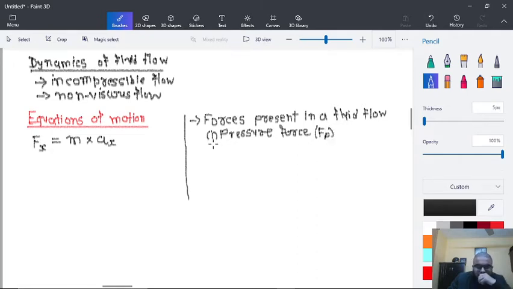Second will be gravitational force, denoted as Fg.